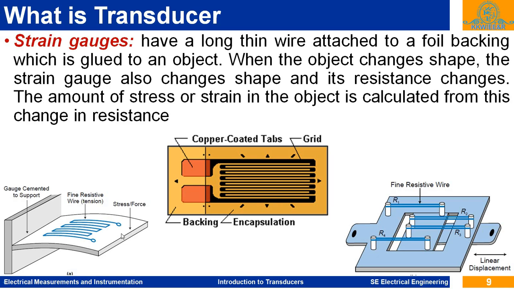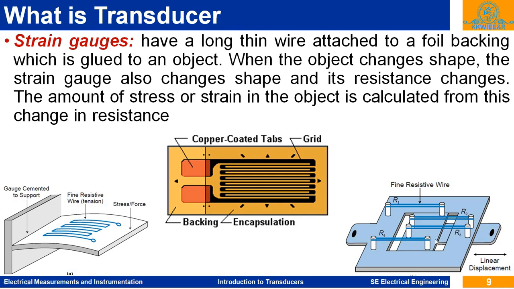When there is a force or a stress, this resistive wire also gets elongated. With this elongation of the resistive wire, because of the tension, the stress, the force, the resistance of the wire changes.